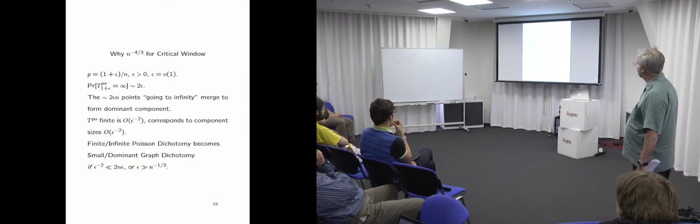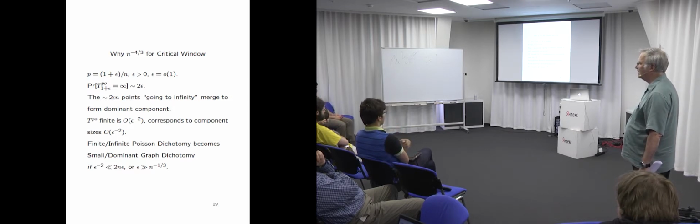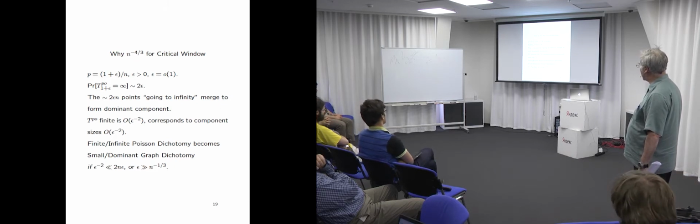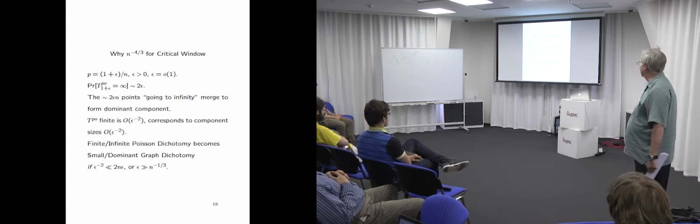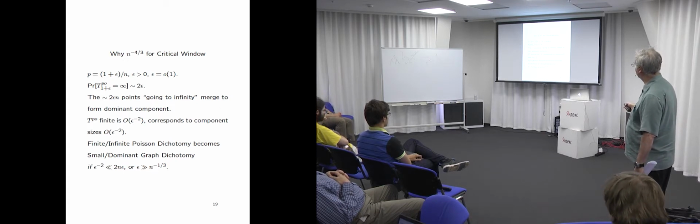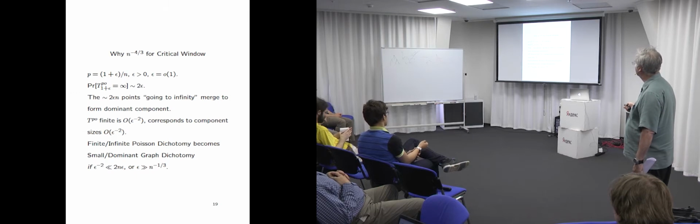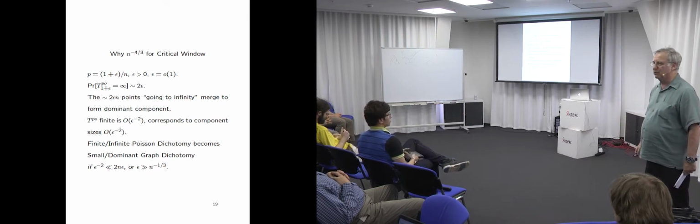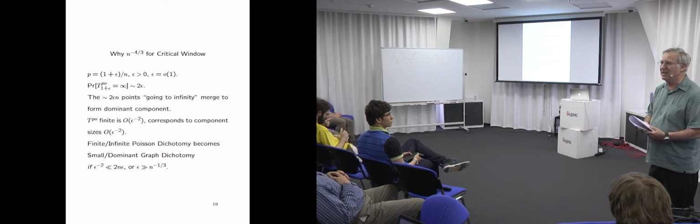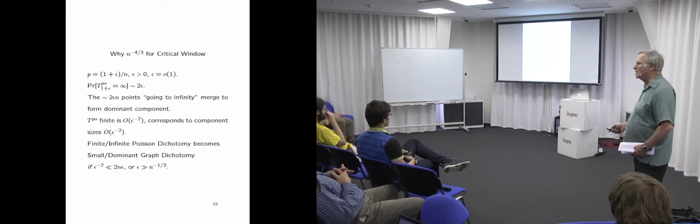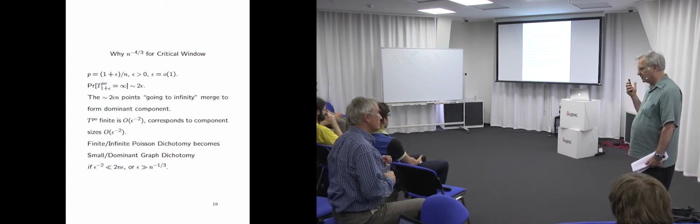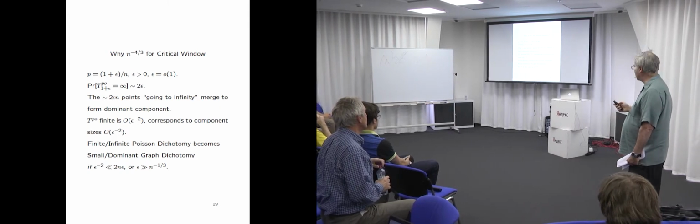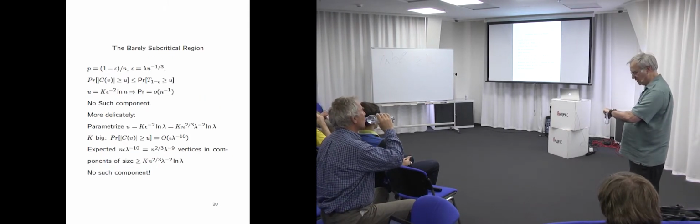The small components go up to size epsilon to the minus 2. In order for this to be a dichotomy, you need epsilon to the minus 2 to be smaller than 2 n epsilon, and that gives the n to the minus 1/3. And then since I wrote it 1 plus epsilon over n, we can write it as n to the minus 4/3. Okay. I mean, that's not a proof, but it's an argument for why this exponent n to the minus 4/3 is so central, why it is that this comes up.